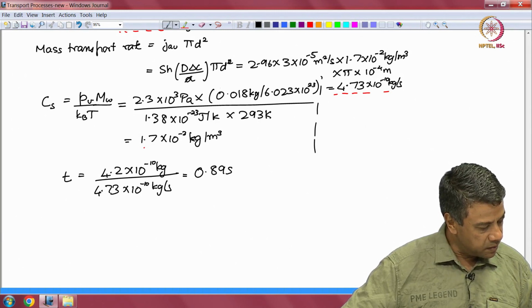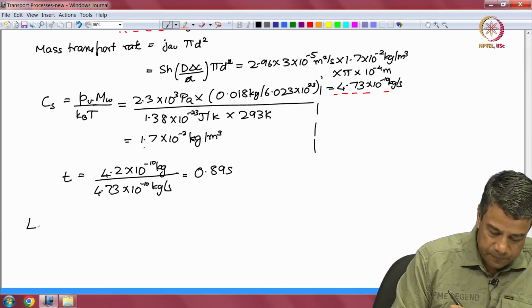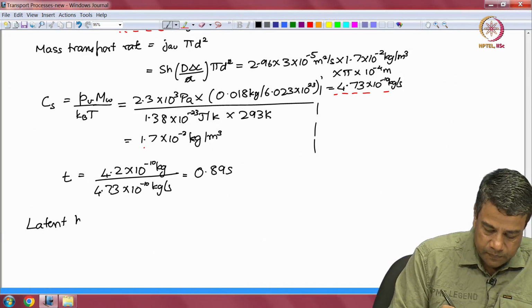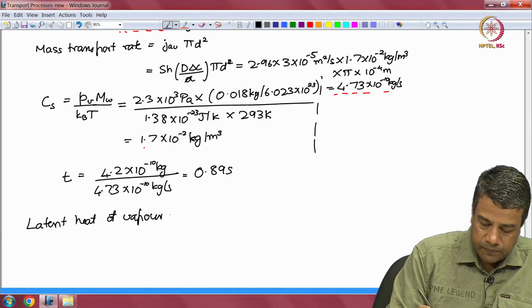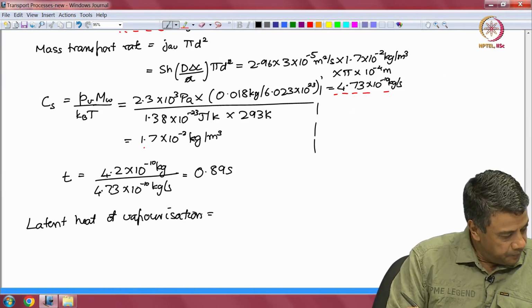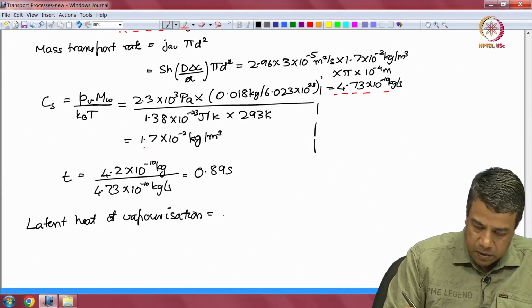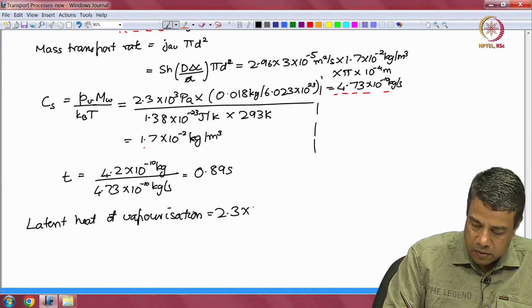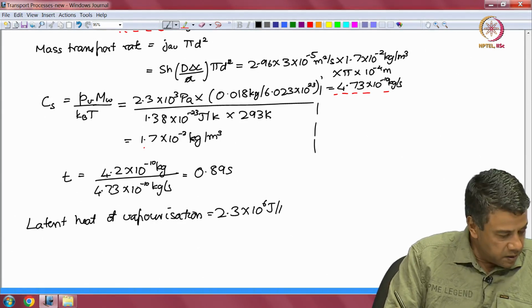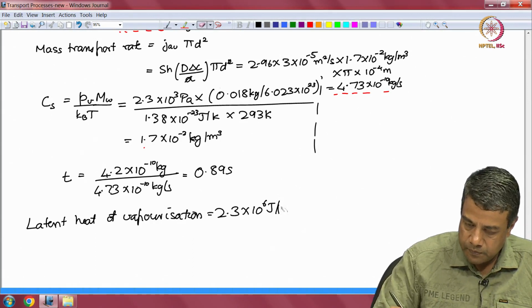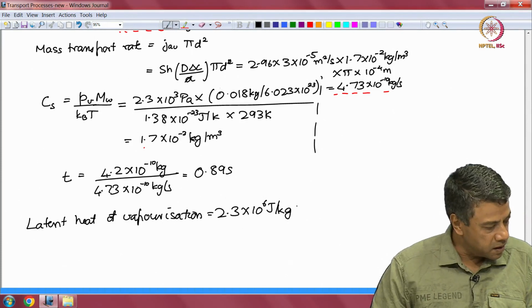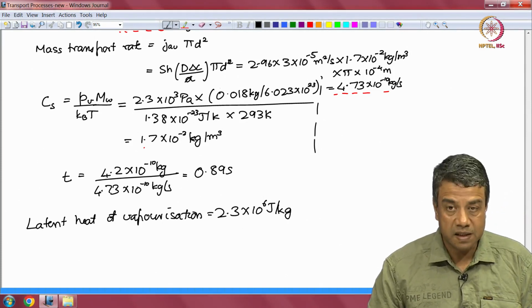So, what is the latent heat of vaporization of water? It is equal to 2.3 into 10 power 6 joules per kilogram. Okay. So, this latent heat has to be used to determine how much heat energy is required.